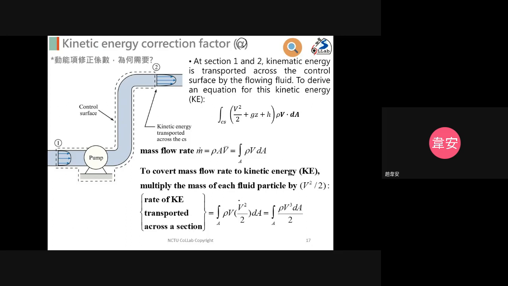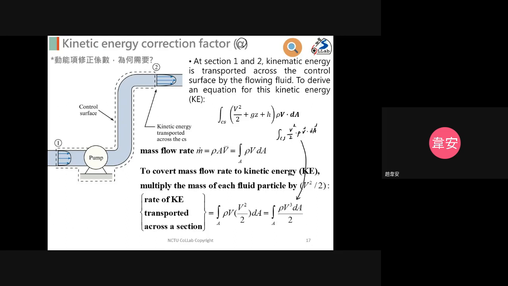There are no vectors. So the integration, if we focus on the control surface, is v squared multiplied by rho v dot dA. So we deal with these integrations individually.